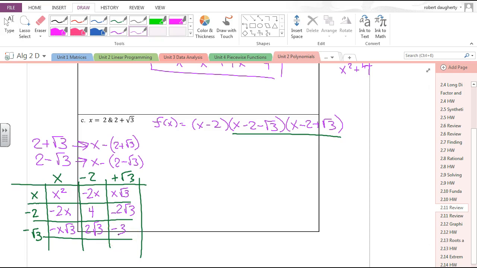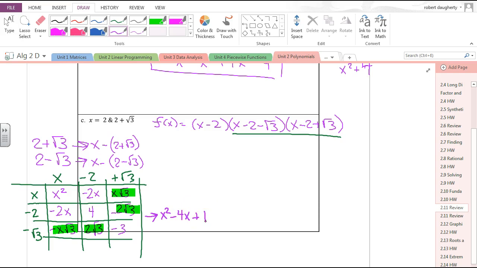So if I look at this, I've got some nice cancellations. This cancels with this, and this cancels with this. That's what I expect, to have no radicals left. So this evaluates to x squared minus 4x plus 1.